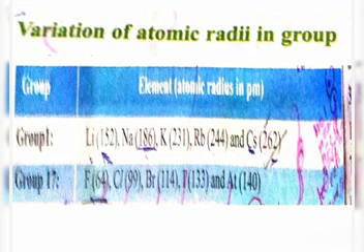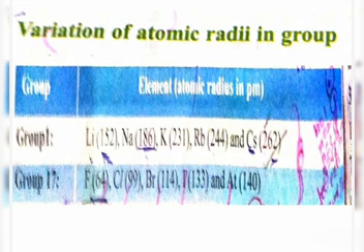Because when going from top to bottom in a group, the atomic number increases, so more shells are required to accommodate the electrons. The shell number also increases, so the distance between the center of the nucleus and the last shell increases. That's why atomic radii also increase. Atomic radius is the distance between the center of the nucleus and the last shell.